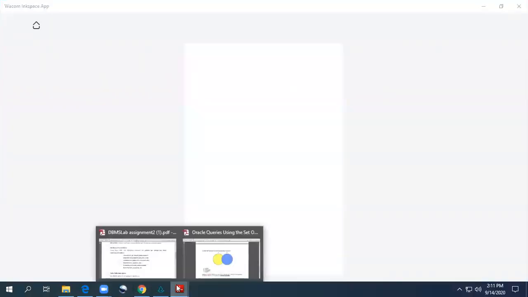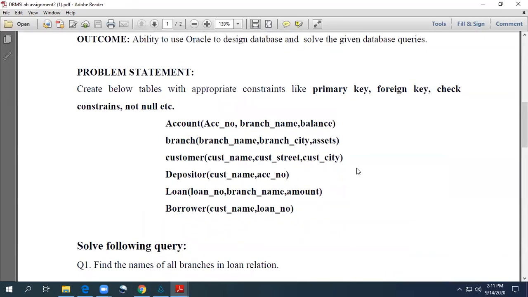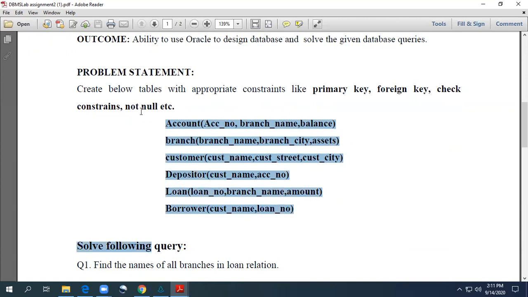So here we can discuss our second assignment. In the second assignment, there are different queries that you have to solve using the DML operations, right? Here my second problem statement is: we solve the queries for the banking application.